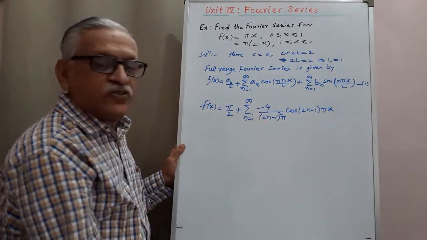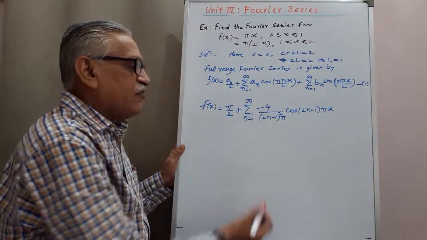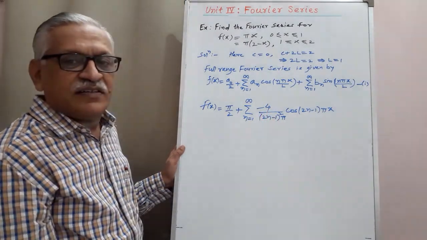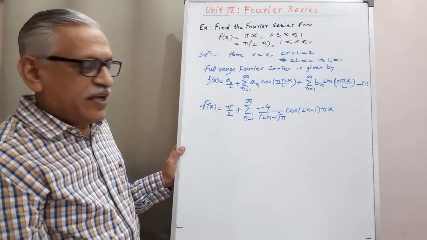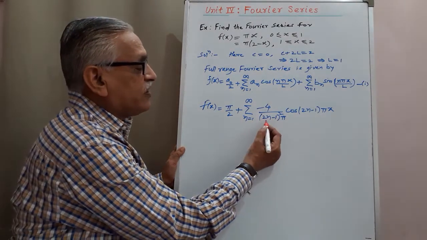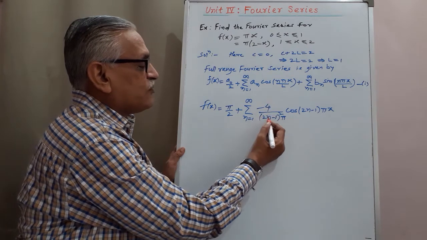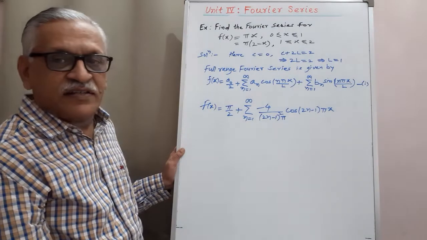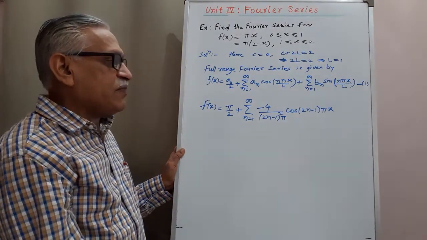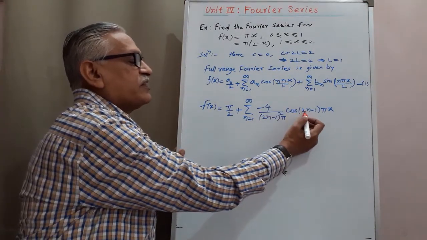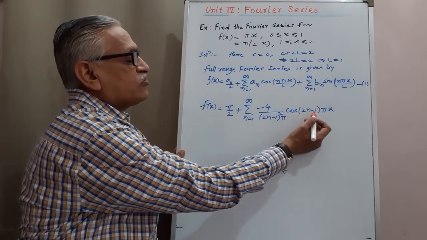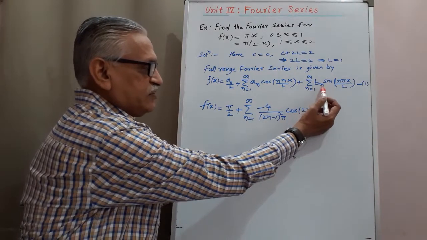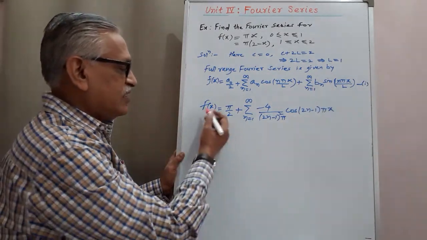Summation from 1 to infinity, An, the value of An is minus 4 upon n square pi, and that value exists for odd n, and therefore replacing n by 2n minus 1, we get minus 4 upon 2n minus 1 whole square into pi into cos of n pi x. In that also replacing n by 2n minus 1, we get cos of 2n minus 1 times pi x. Bn is 0, therefore the next term becomes 0.